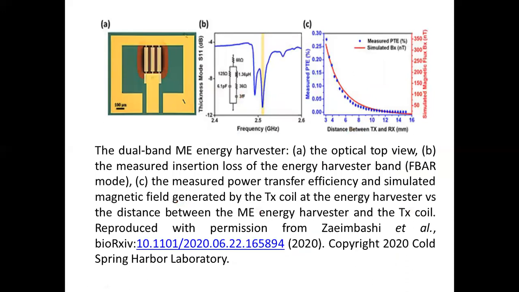Here another harvester is designed, and it is published by Jimbashi et al. This is a device which is used to convert the stray magnetic fields nearby or around some electrical appliances into a voltage.